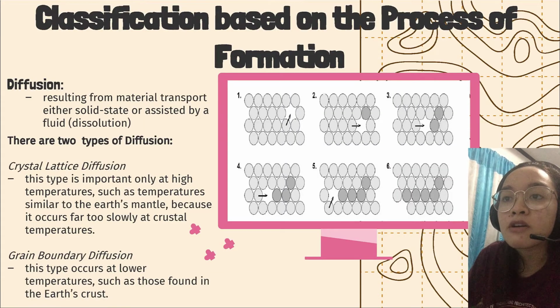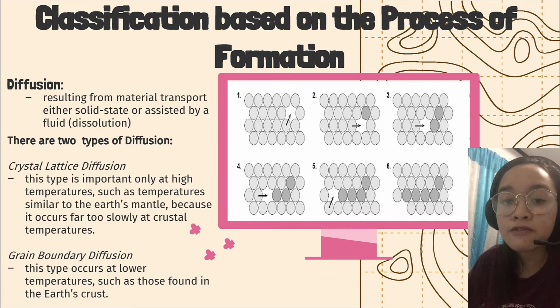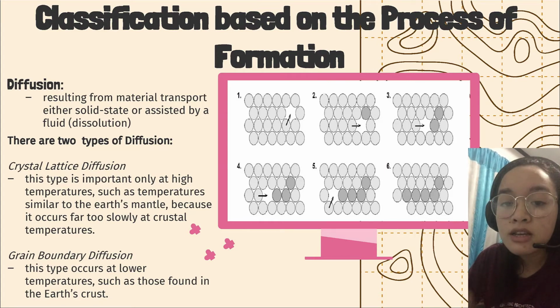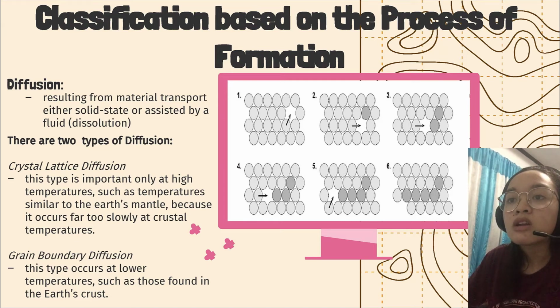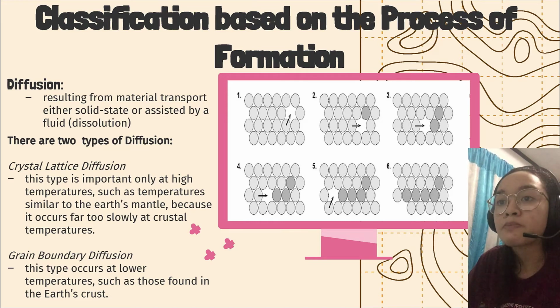The last type of classification based on the process of formation is diffusion, which is resulting from material transport, either solid state or assisted by a fluid, or dissolution. There are two types of diffusion: crystal lattice diffusion and grain boundary diffusion.